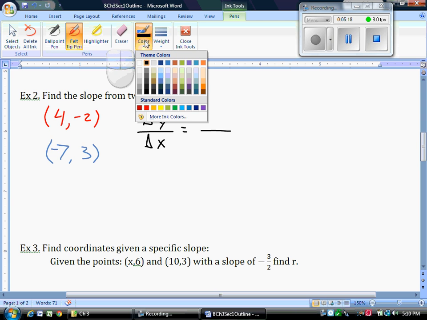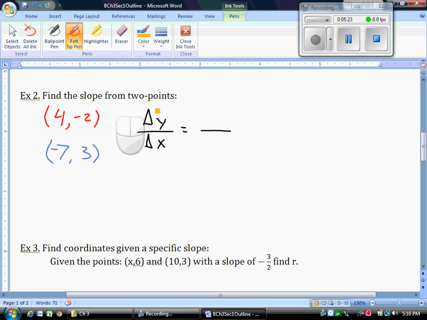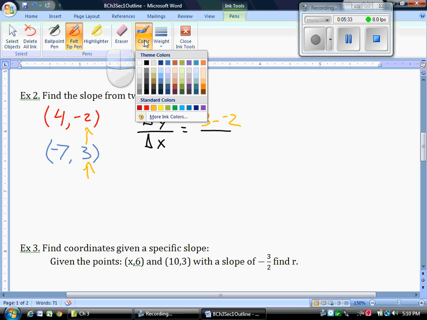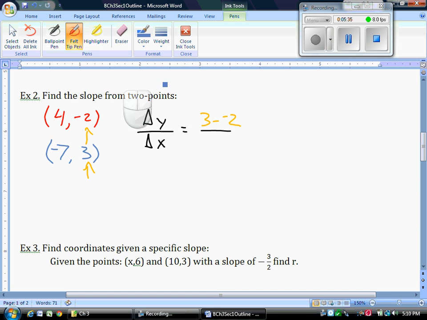So we'll start from the bottom point this time, and we'll start here with 3 minus negative 2, the y value minus the y value. And we can go to the x's, where we have negative 7 minus 4.